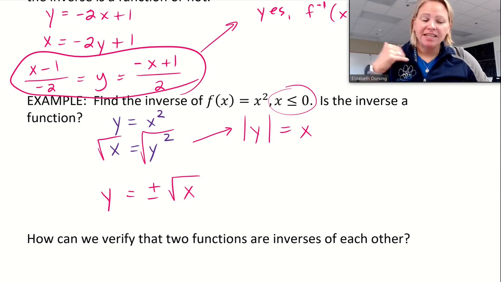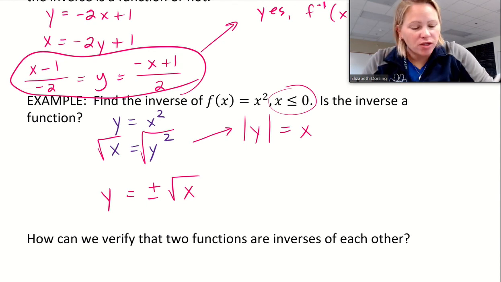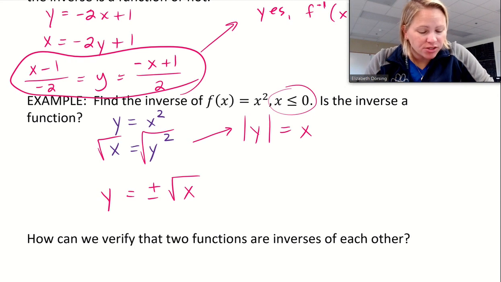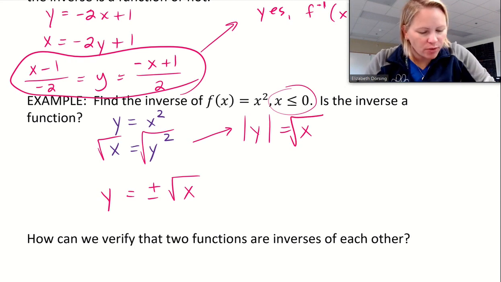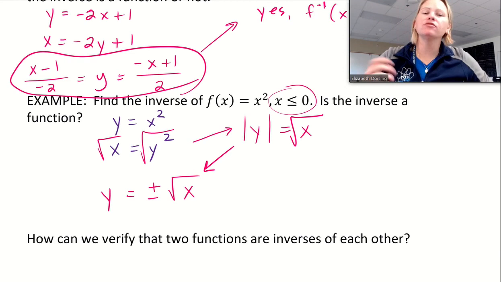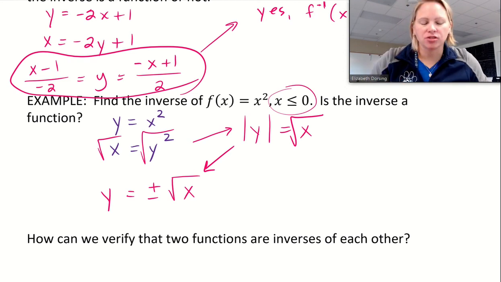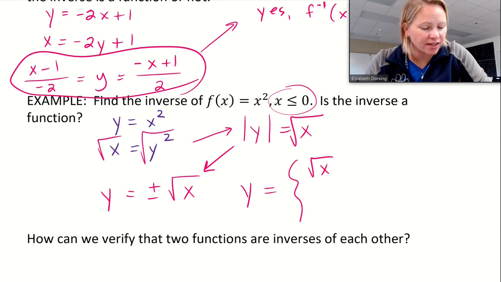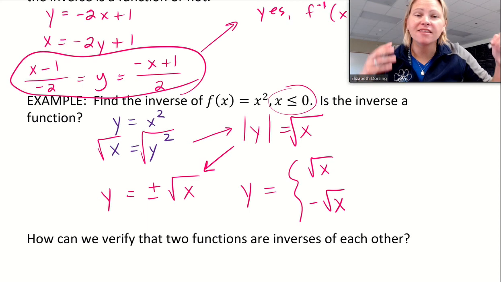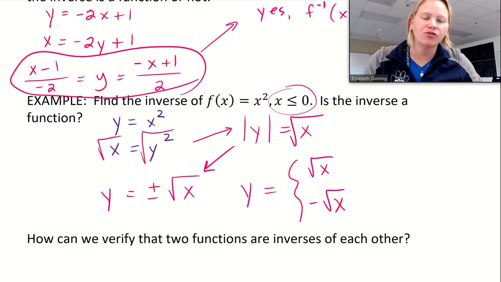So here is why when we drop absolute value bars, and I left out my radical, we have to throw in the plus or the minus. And that's because of that piecewise function. So really what we're saying is y could be positive square root of x or negative square root of x. That's the piecewise function that we did over there.